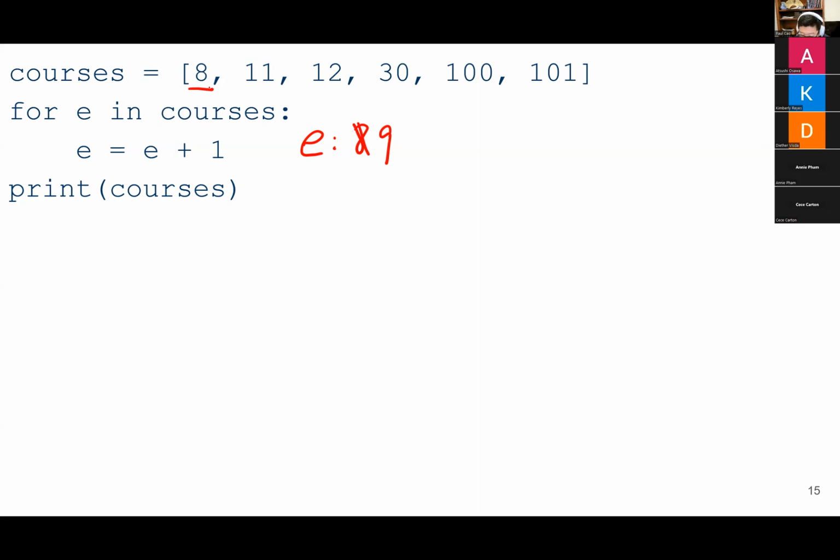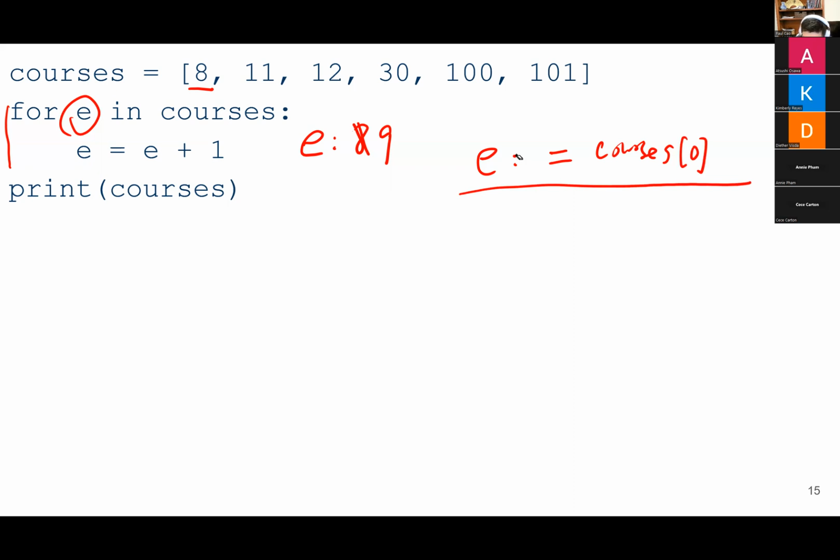Okay, so similarly for 11. Then what does this for loop do? For loop, the variable, this E, is given a certain value of the list. In the first round, E equals courses[0]. Whatever courses[0] is, you get 8, so E would have a value of 8.